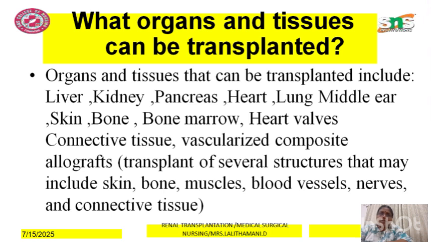The organs and tissues that can be transplanted include liver, kidney, pancreas, heart, lung, middle ear, skin, bone, bone marrow, heart valves, connective tissue, and vascularized composite allografts, that is, grafts of several structures that may include skin, bone, muscles, blood vessels, nerves, and connective tissues.